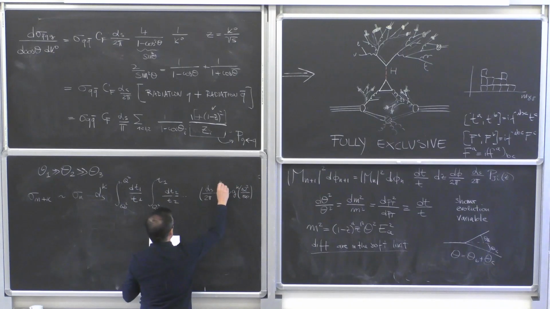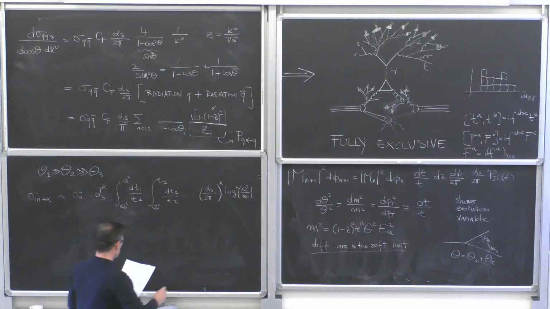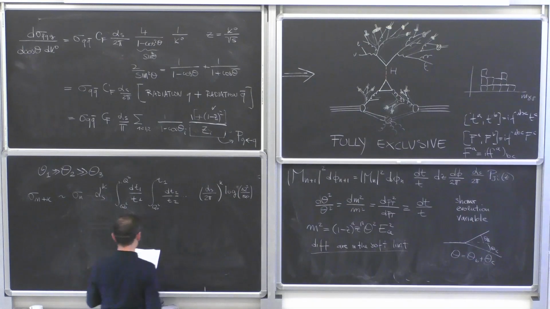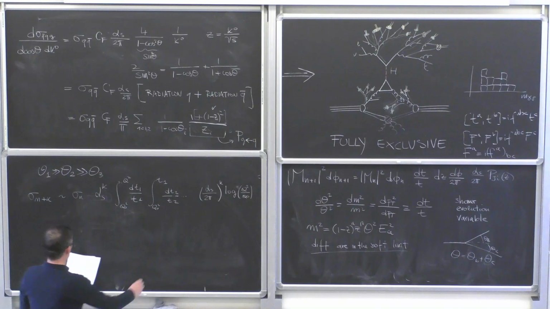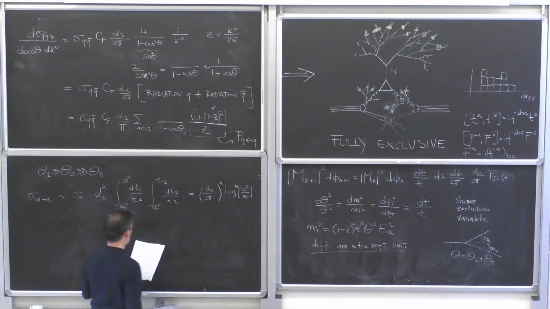So each splitting gives you a log, right? Sorry, I still have to do the integration here. So this will give you a log to the kappa.